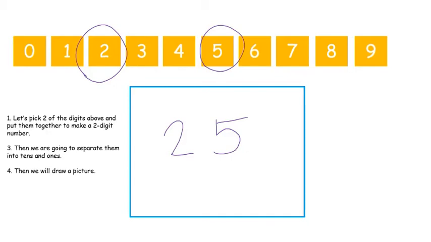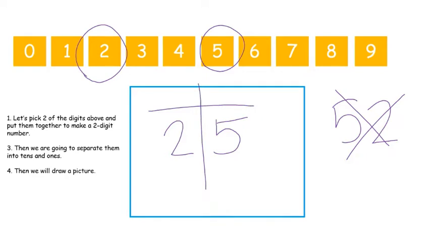If I wanted to write it like this, is this 25? No, that's not, because it's in the wrong order. When we look at two-digit numbers like 25, we can break those numbers into a tens place and a ones place.